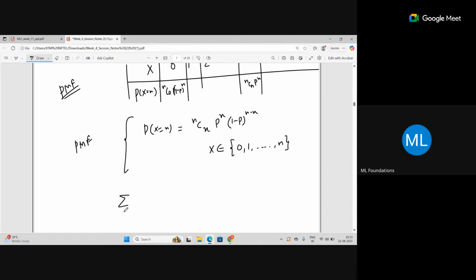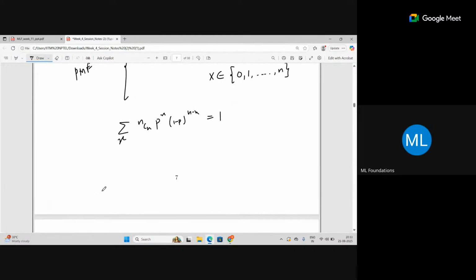Summation over x of nCx p to the power x and (1 minus p) to the power n minus x should be equal to 1. If I add this probability plus this probability and all, it should be equal to 1, right?